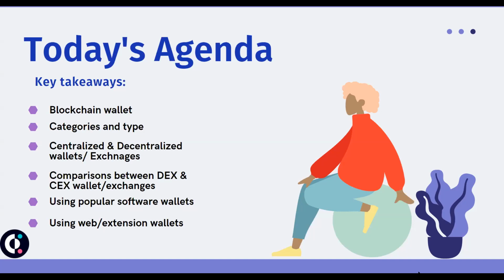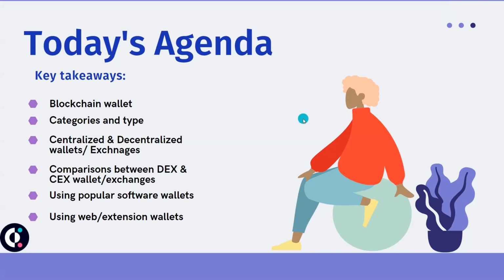For today's agenda, we'll be talking basically about the blockchain wallets. That's moving on from where we stopped last time. We introduced some of this last time in our meeting, but we're going to be digging deep into some of it today. So we're talking about the blockchain wallets, some categories and types of blockchain wallets. We're also going to be talking about centralized and decentralized wallets and exchanges we can find in the blockchain space.